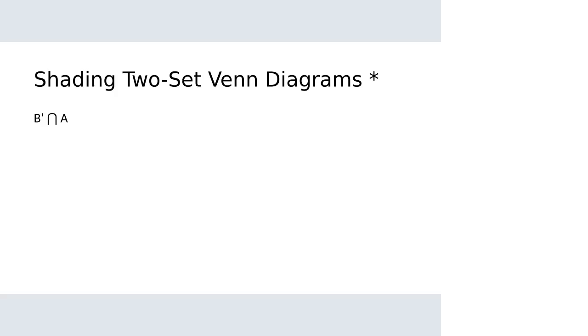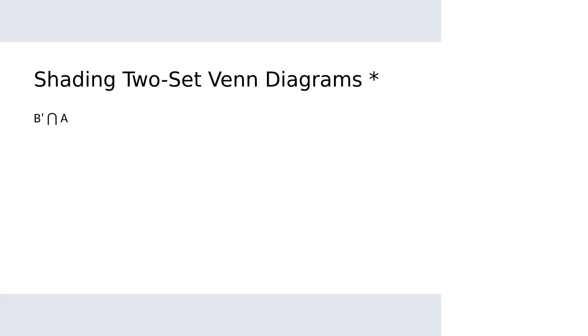I'll make a poll for this. I want you to shade B complement intersect A. If you're thinking, how in the world are you going to ask this question? Because we can't really draw this picture and show it to you. That's true.